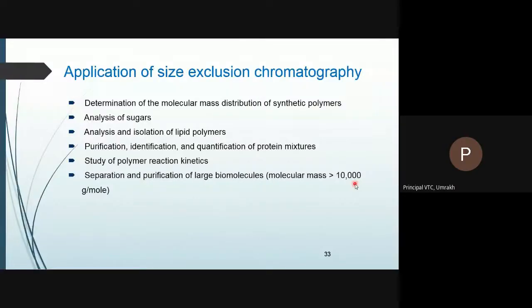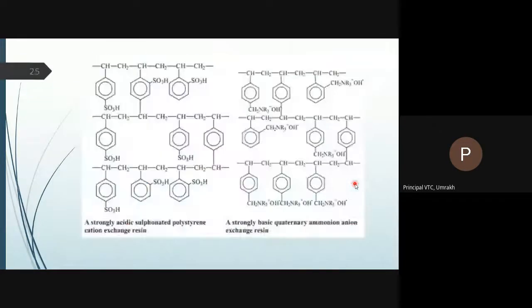We can go with purification of large biomolecules having molecular mass more than 10,000 grams per mole. Ultimately, in size exclusion chromatography we can separate and analyze components according to their different sizes. So this is about size exclusion chromatography.